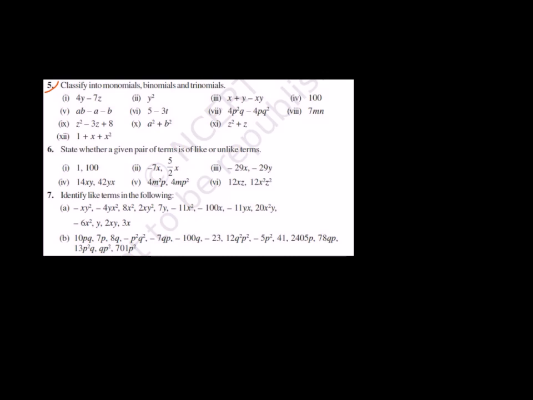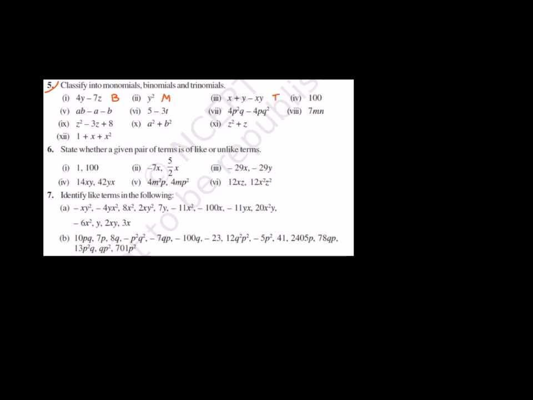Now here the first part of this question, an expression is given with two terms, so this is a binomial. I am writing B for binomial, I'll write M for monomials and T for trinomials. Second part, clearly a single term is given, so this is a monomial. Third part, three terms are given, so this is a trinomial.